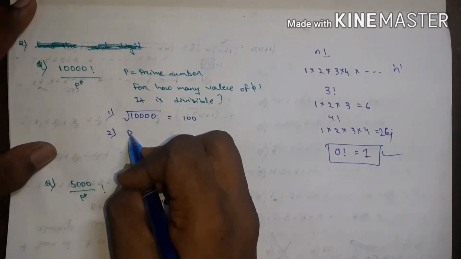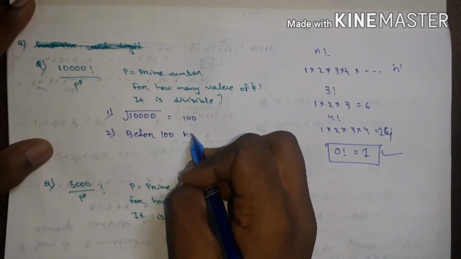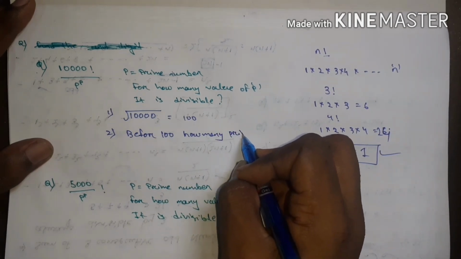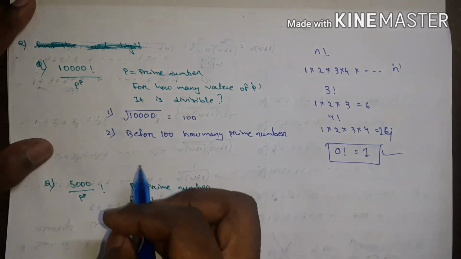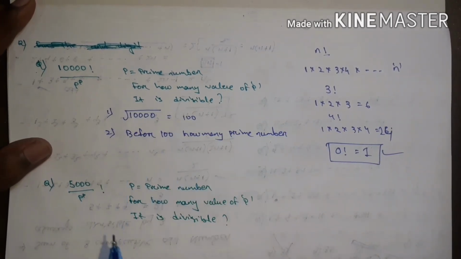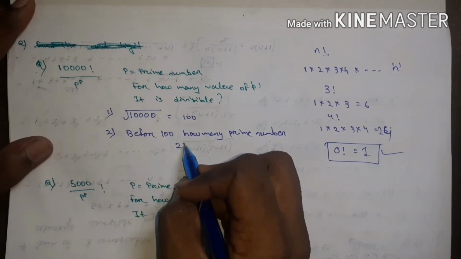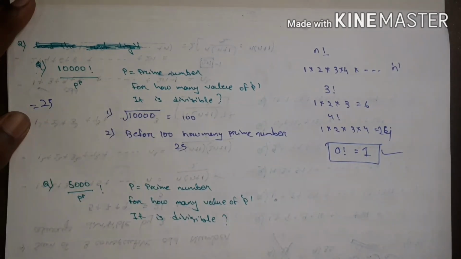Second, before 100, how many prime numbers are there? In the prime number concept, I already said which are the prime numbers from 1 to 100. Before 100, there are 25 prime numbers. Then the answer is 25. Got it?